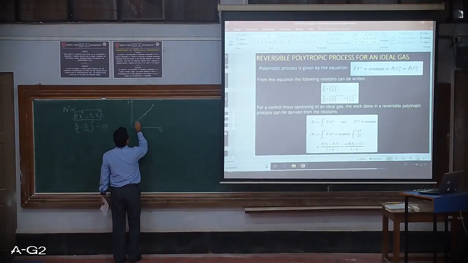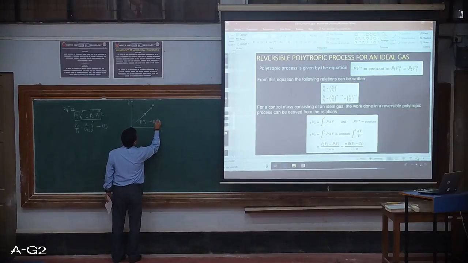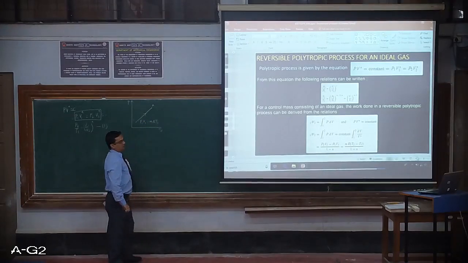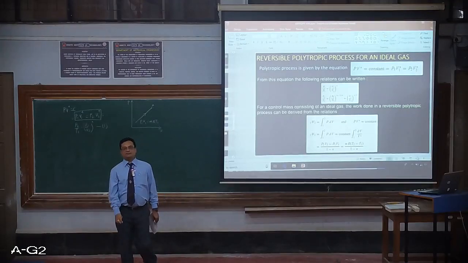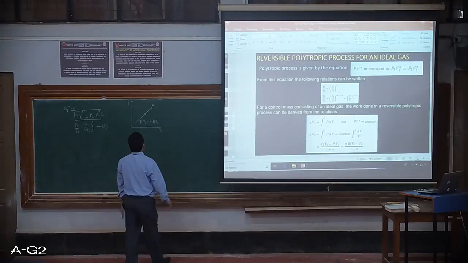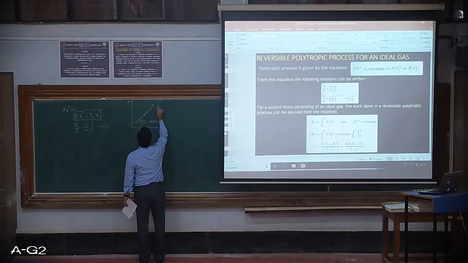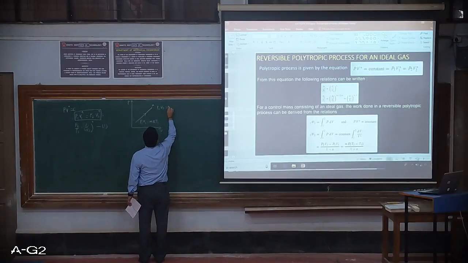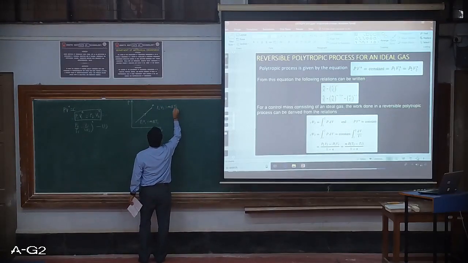At state 1 I can apply P1 V1 equal to mRT1, if the given system is an ideal gas. Similarly, at state point 2 we can apply P2 V2 equal to mRT2.